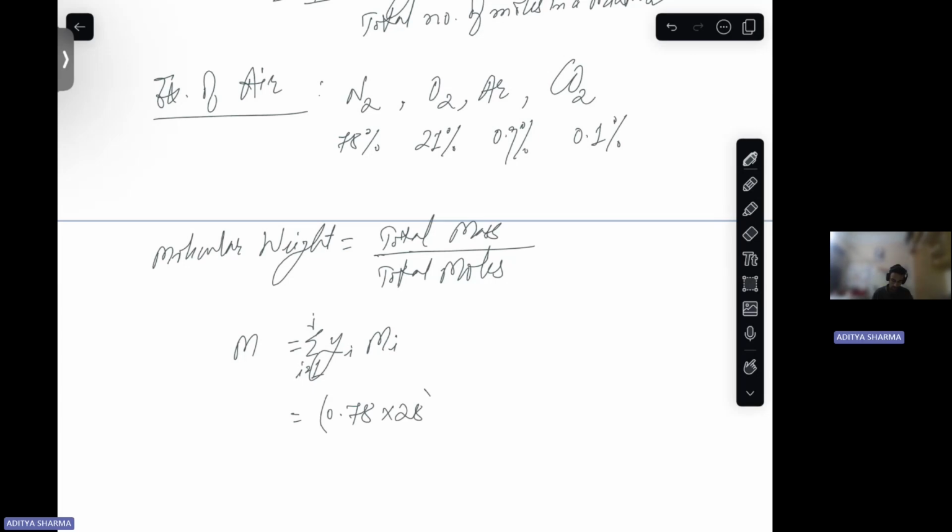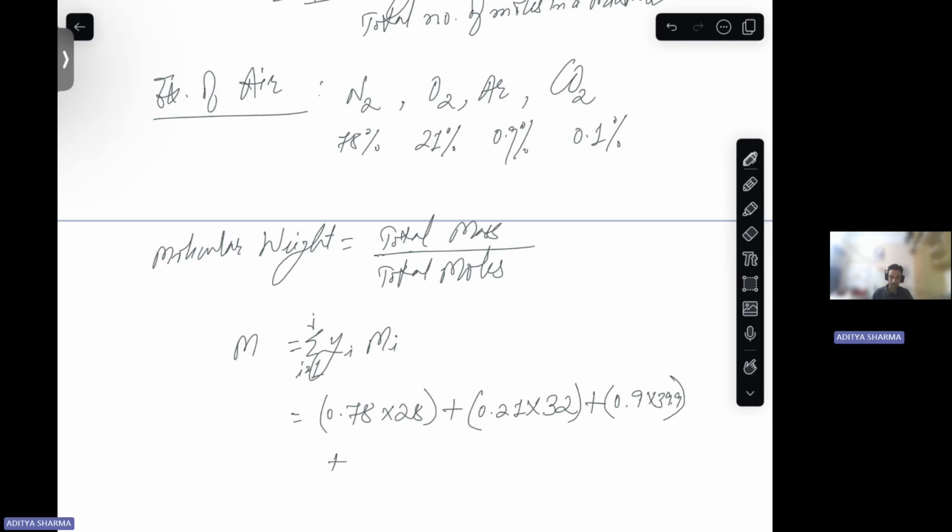because 28 is the molecular weight of nitrogen, 32 is the molecular weight of oxygen, 40 is the molecular weight of argon. Maybe I should write 39.9 only.